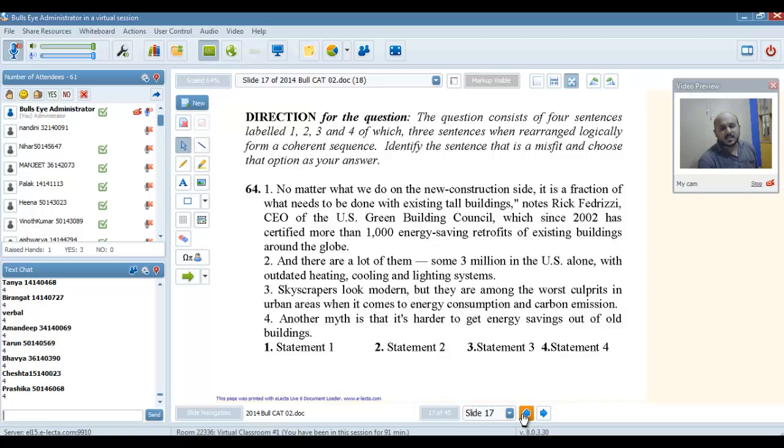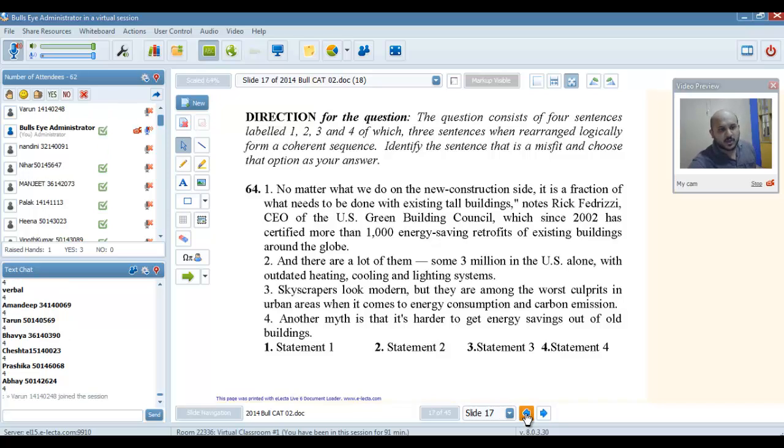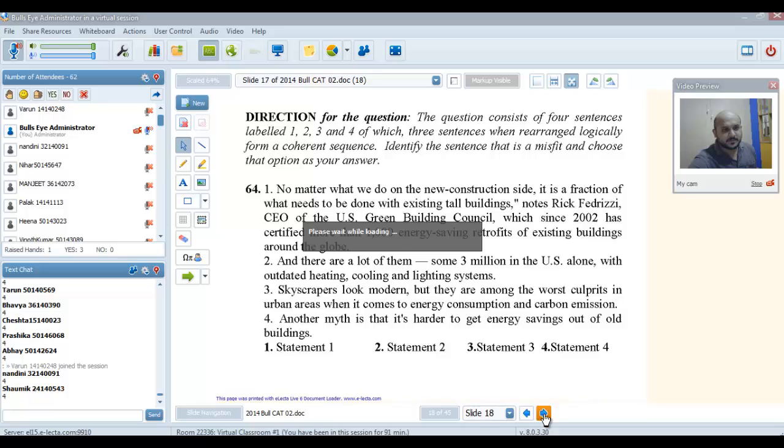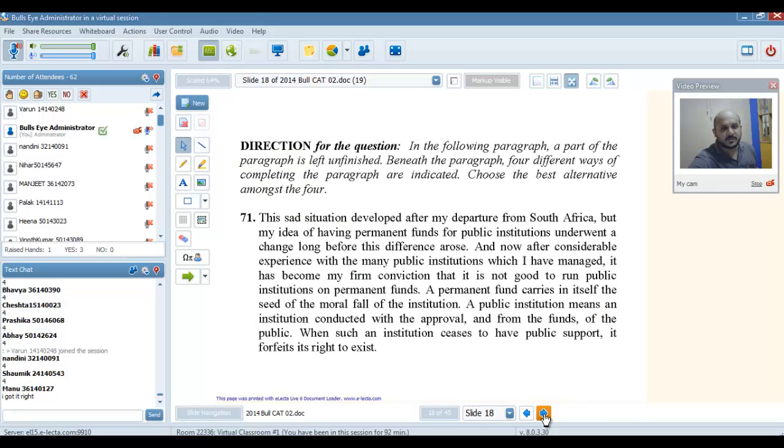In my markings, I have this question as super easy. This is not easy. This is super easy. That is how simple this question is. So in case you got it wrong, you know what you've got to do. Shift into the next question.